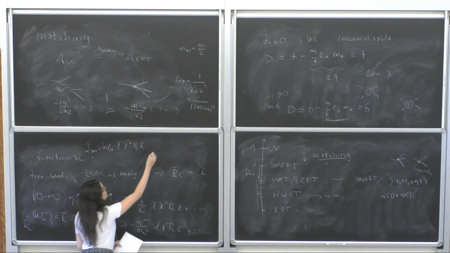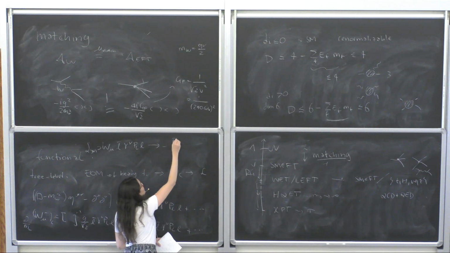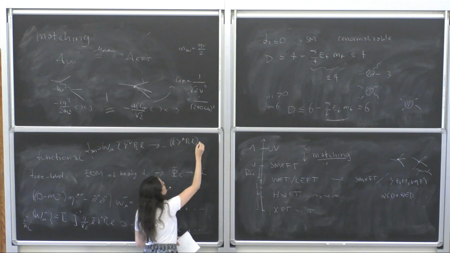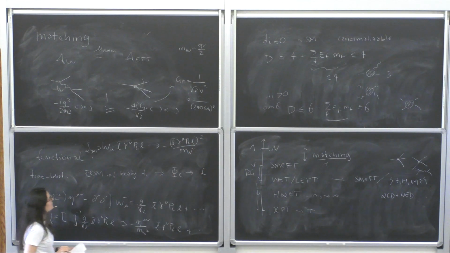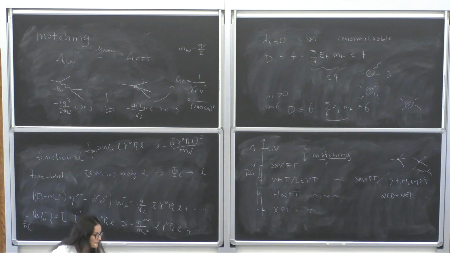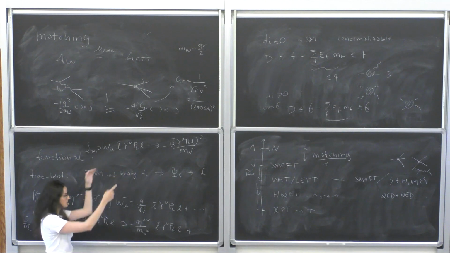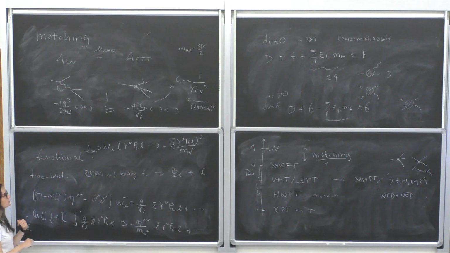So now we take this, and this becomes a minus, and then you have this current squared, divided by mW squared. Okay, so you have one fermion current that came from the original interaction, and one fermion current that comes from here, from the solution of the equation of motion.